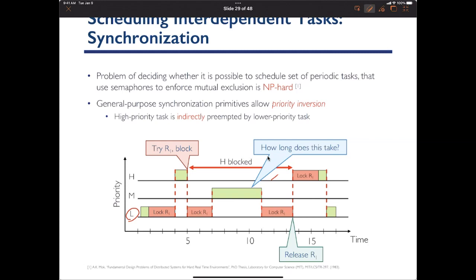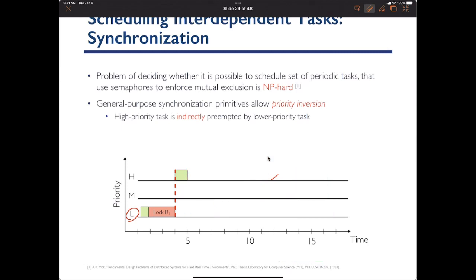So going back, at this point the low priority task has locked the mutex. Then the high priority task came in, tried to lock the mutex, and got blocked. So at this point, we come back to this low priority task.